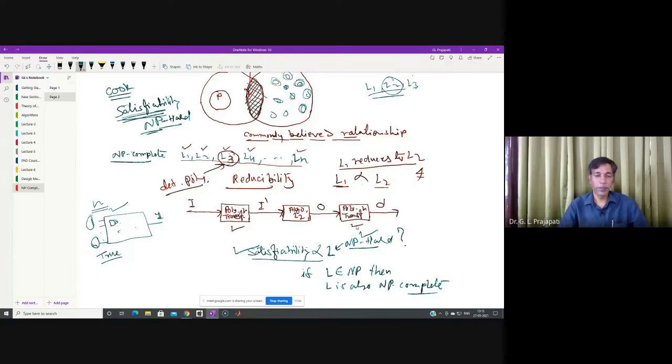Using this kind of concept, nowadays people have proved that many problems are NP-complete, like the 0/1 knapsack problem, which is in NP, and is NP-complete and NP-hard both. And the N-Queens problem is also NP-complete. The traveling salesperson problem is an NP-hard problem. The Hamiltonian cycle problem is also NP-hard. The vertex cover or node cover problems are also NP-hard. And every NP-complete problem is also NP-hard.